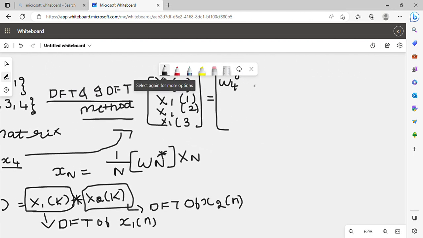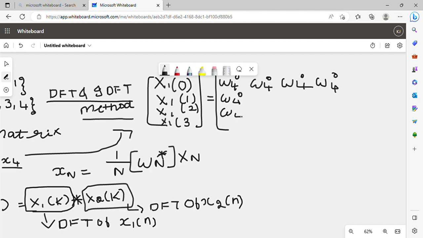So the simplified version, I'll write it over here. It is omega 4 to the power of 0, omega 4 to the power of 0, and omega 4 to the power of 0. And here it is omega 4 to the power of 0 once again, omega 4 to the power of 0, omega 4 to the power of 0, and omega 4 to the power of 0.